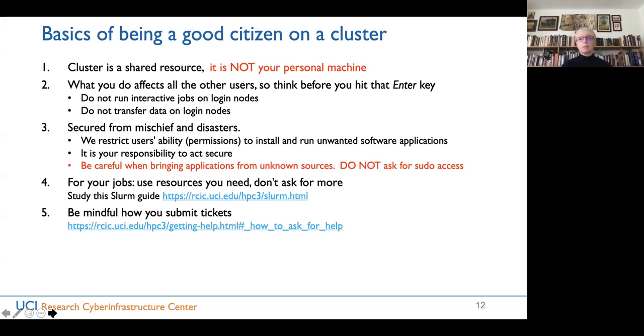And if we have repeated offenses, then the account can be blocked. We really ask users to abide by our rules, and our rules are actually quite simple. So for your job, we also ask users, please take a look at the jobs that you have already run and try to figure out how many resources you really need and don't ask for more.